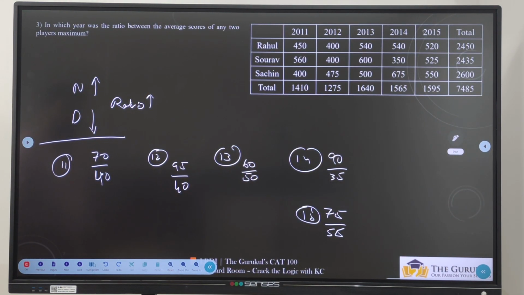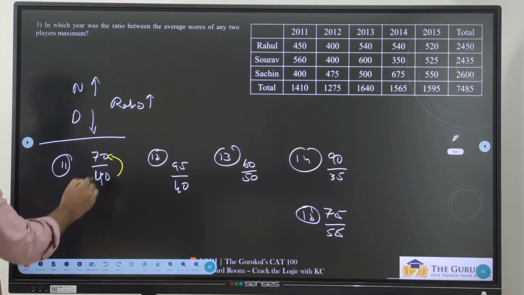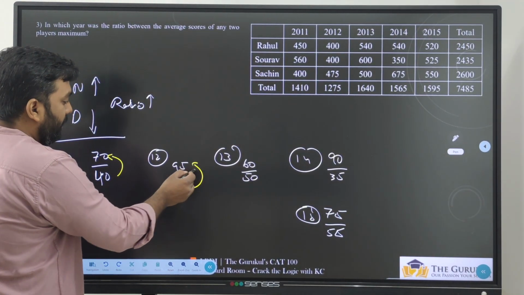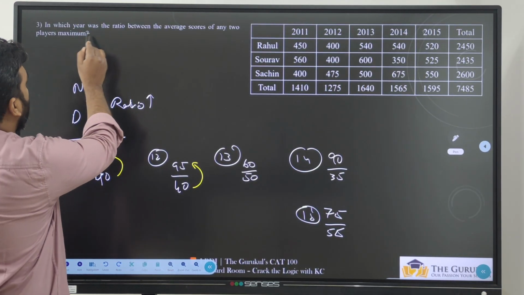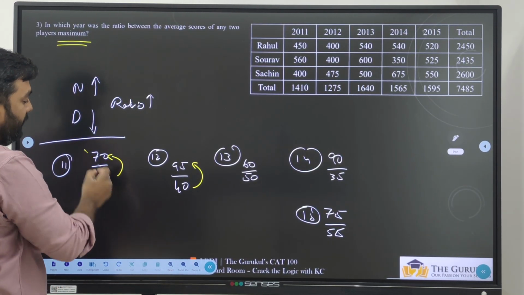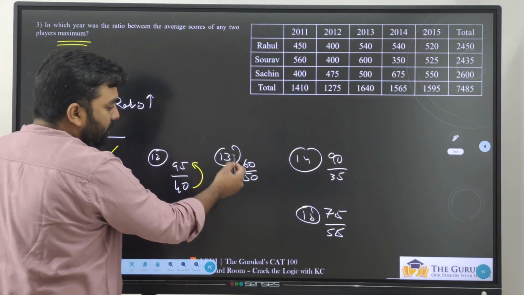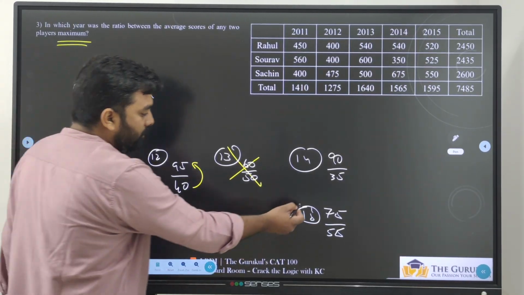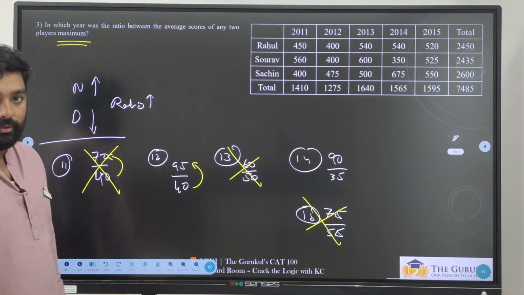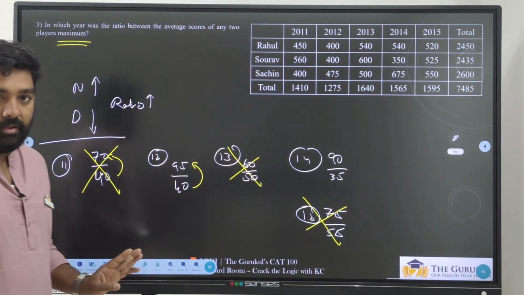Without calculator if you want to do, it is less than double. This is more than double. We want ratio is maximum. Because it is more than double, this can't be the answer. This is also not more than double, not the answer. This is also not more than double, not the answer. These two could be the answers.